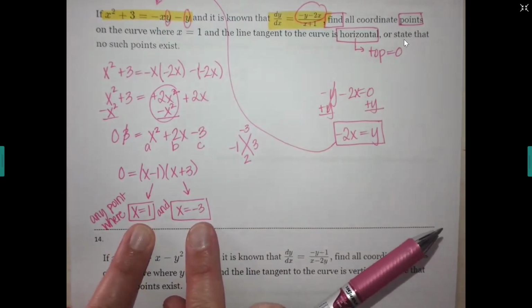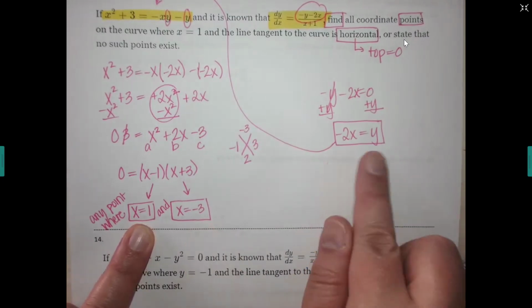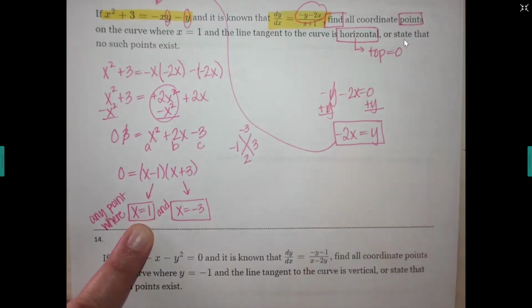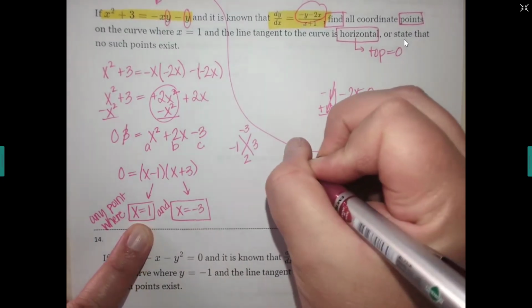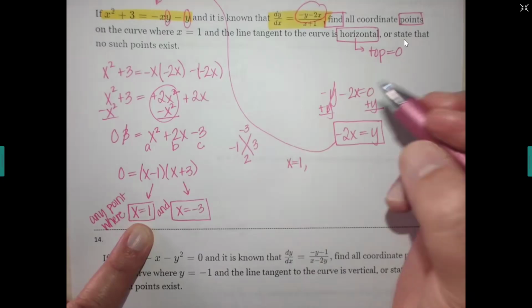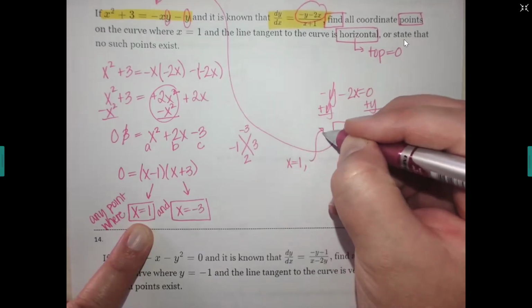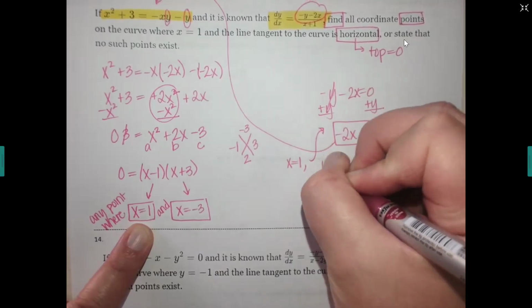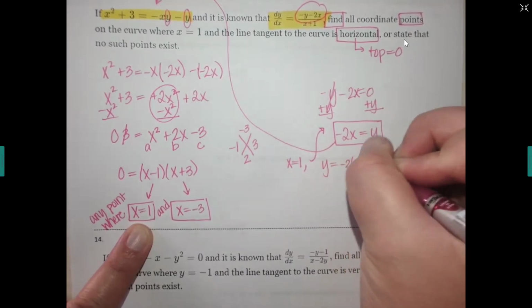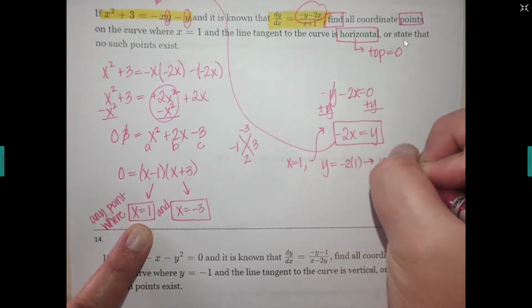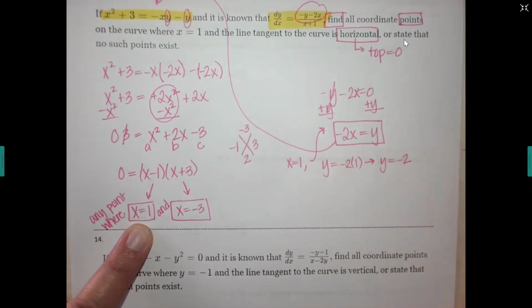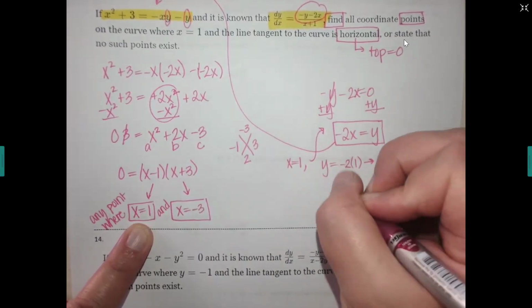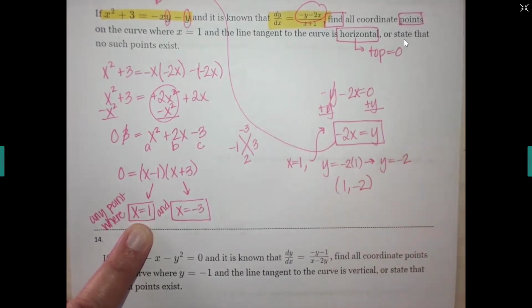To find the second half of the point, I'm going to have to use this equation right here. So if my x is a 1, then I automatically know based on this equation that my y is going to be negative 2 times that x, which is a negative 2. So the ordered pair that I would want would be 1, negative 2.